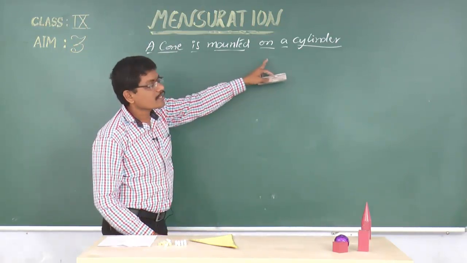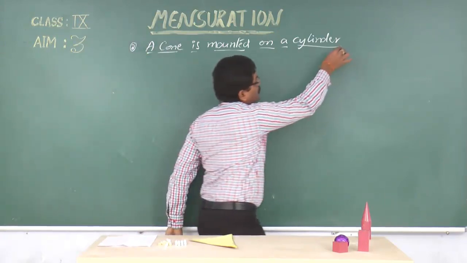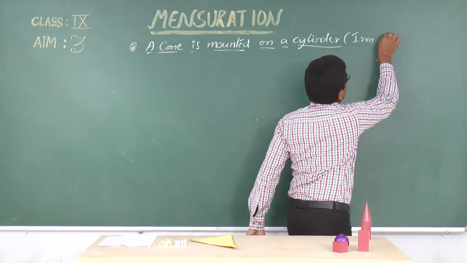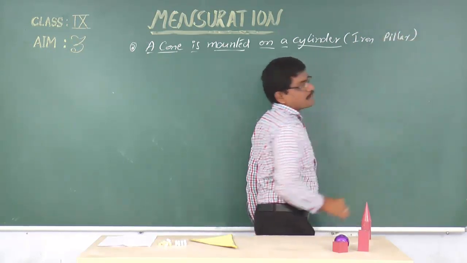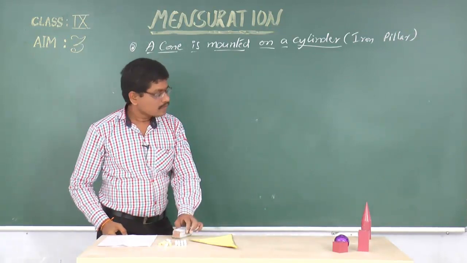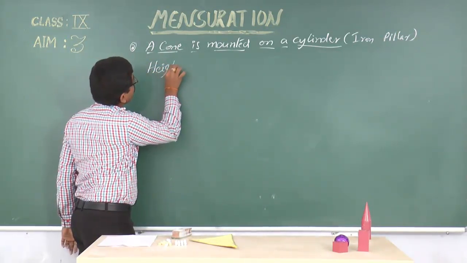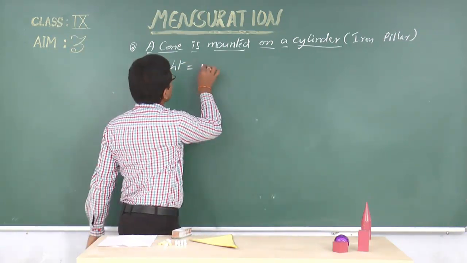A cone is mounted on a cylinder, but it is an iron pillar. So height is the same as previous.